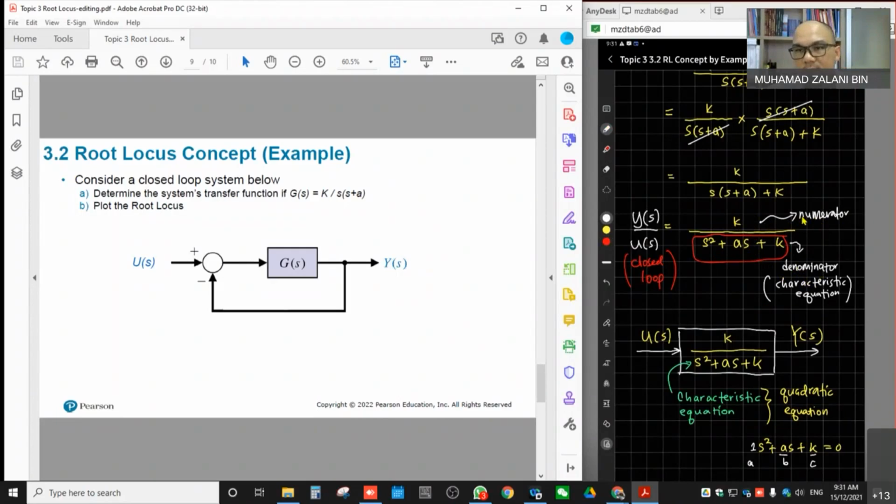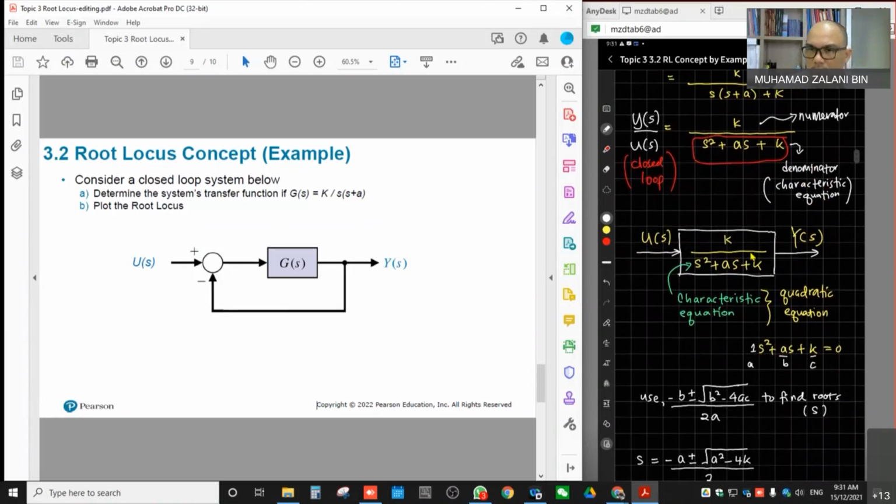But in this case, we just want to focus on the denominator, which is the characteristic equation. We can clearly see that this is a quadratic equation.